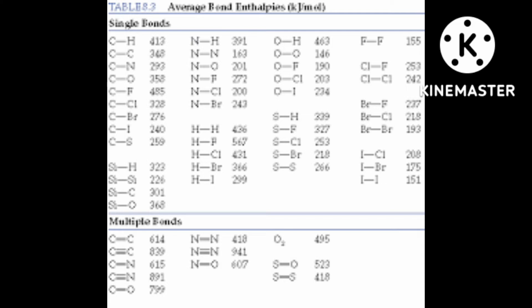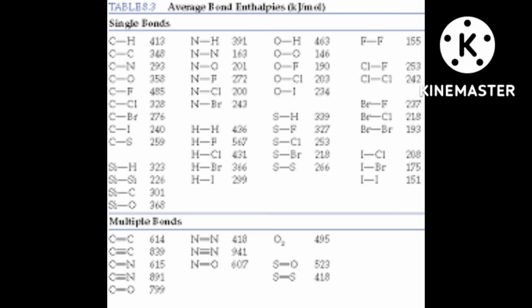Chemical reactions involve the breaking and making of chemical bonds. This also you should understand. In any chemical reaction, what happens? Old bonds will break and new bonds will form. Rearrangement will take place. In any reaction, the bonds of the reactants will break and give new things, the products.